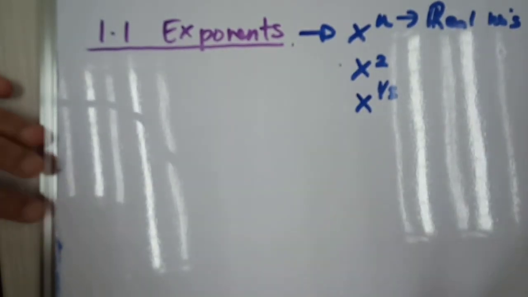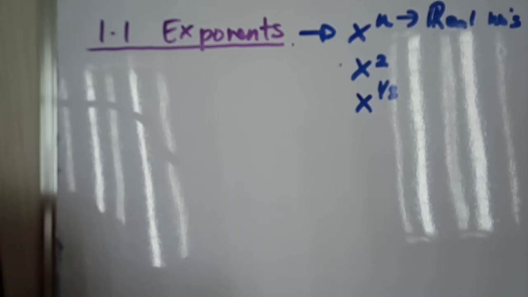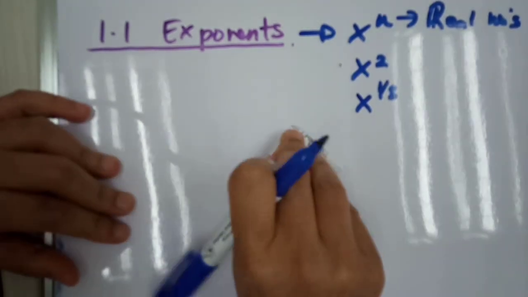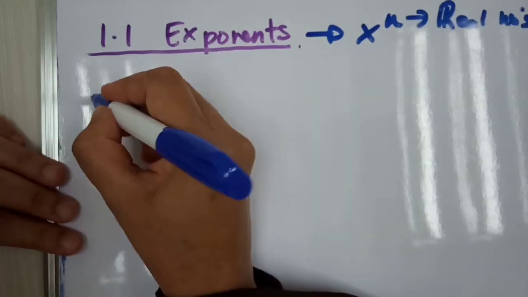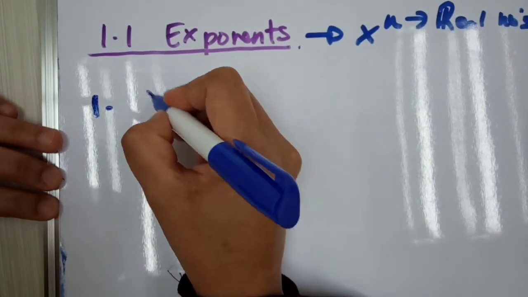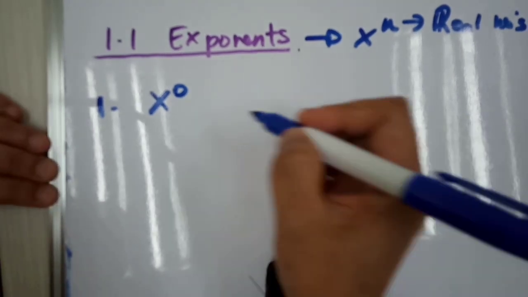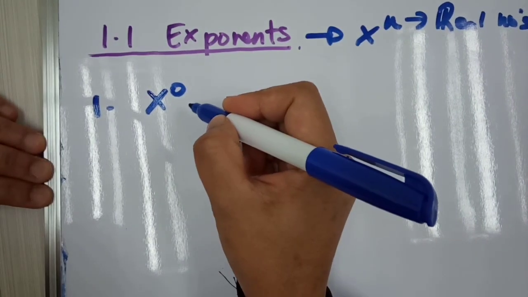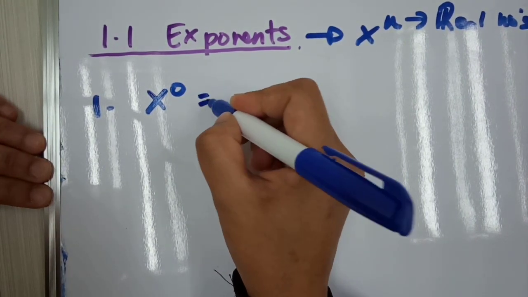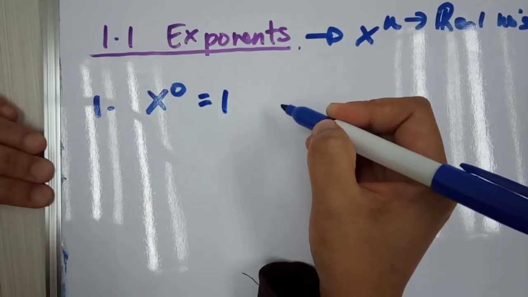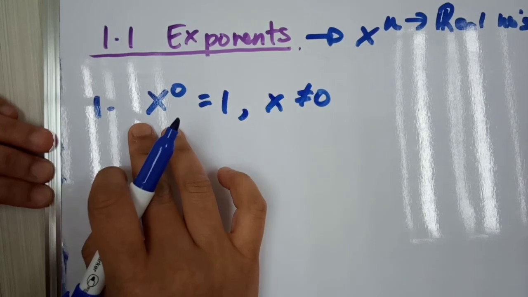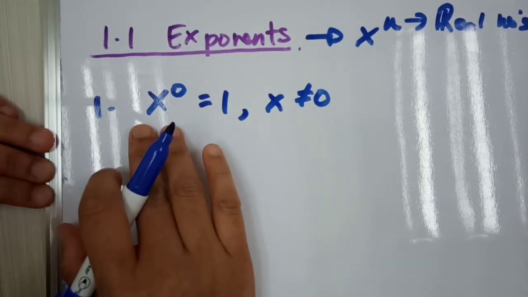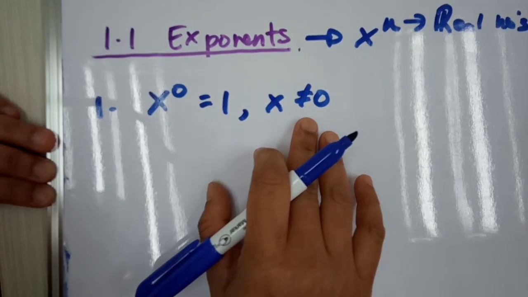The first one: I have x power of 0. When x power of 0, we will get 1. x cannot be 0, meaning x can be any number except 0.